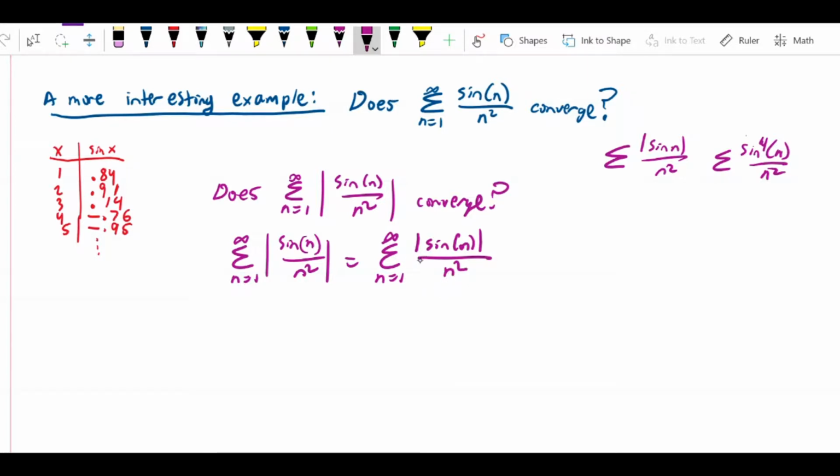And what this is going to allow me to do is make this argument that since the absolute value of sine n is between 0 and 1, I can say therefore 0 is less than or equal to the absolute value of sine n over n squared, which is less than or equal to the absolute value of 1 over n squared.